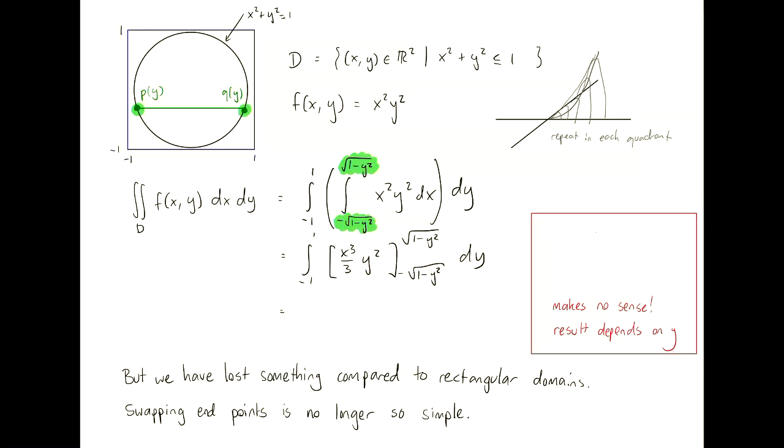And that's a single variable integral. So we get the integral from -1 to 1 of 1/3 y cubed times 1 minus y squared to the 3 on 2 dy, which is, if my calculations before this class were correct, pi on 24.